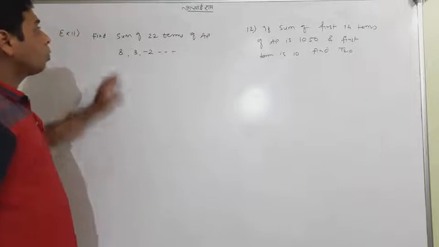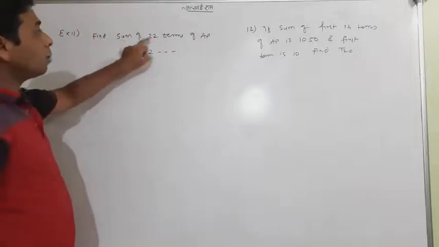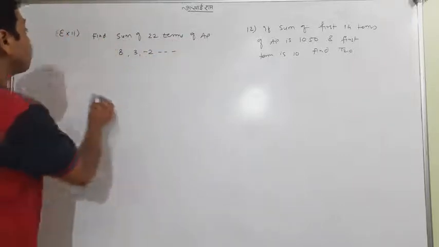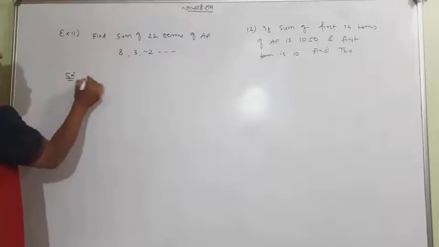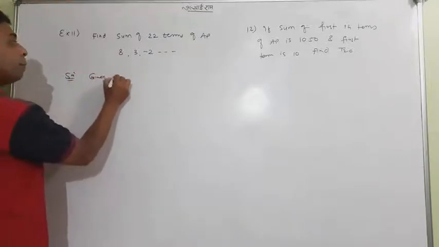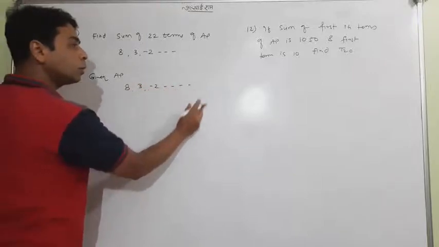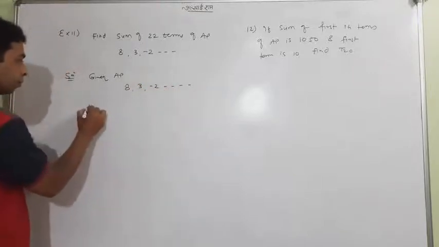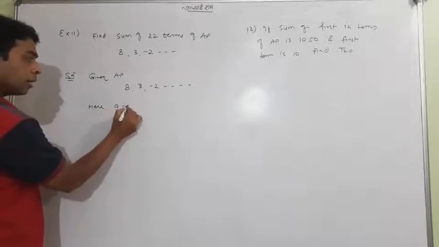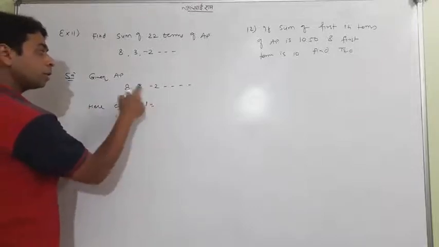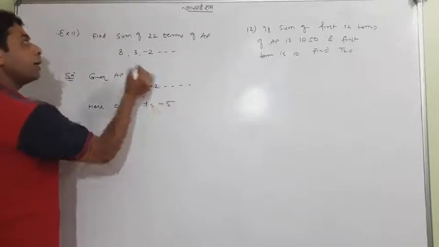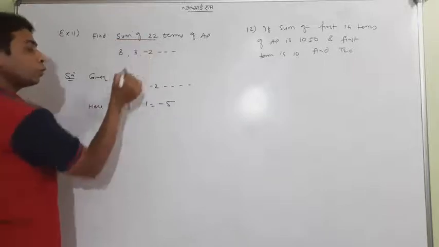Students, look at the first question: find the sum of 22 terms of the AP. This is a simple question. The given AP is 8, 3, minus 2 and so on. A is 8, D is 3 minus 8, and you are told the sum of 22 terms.